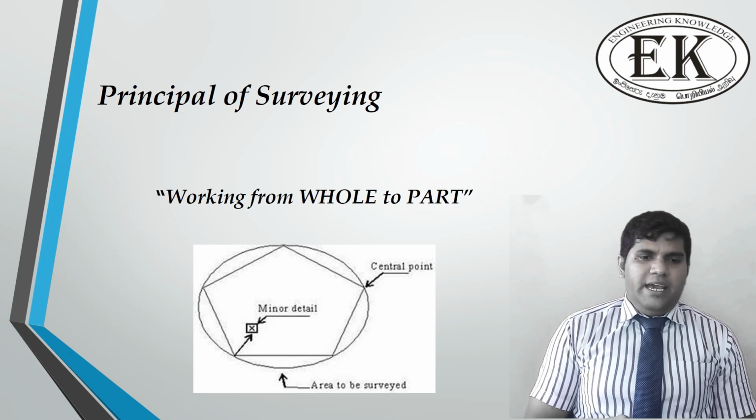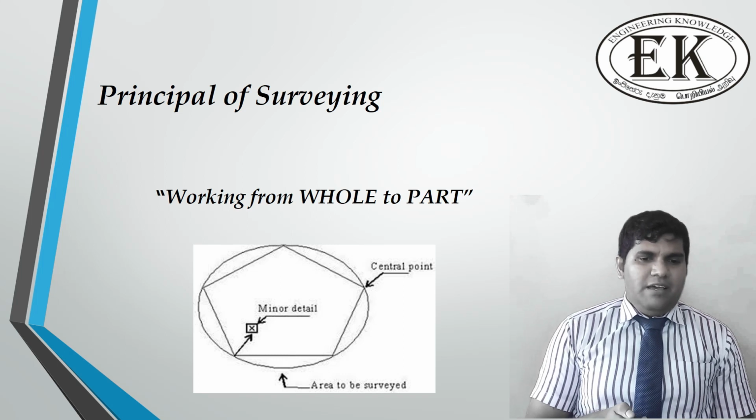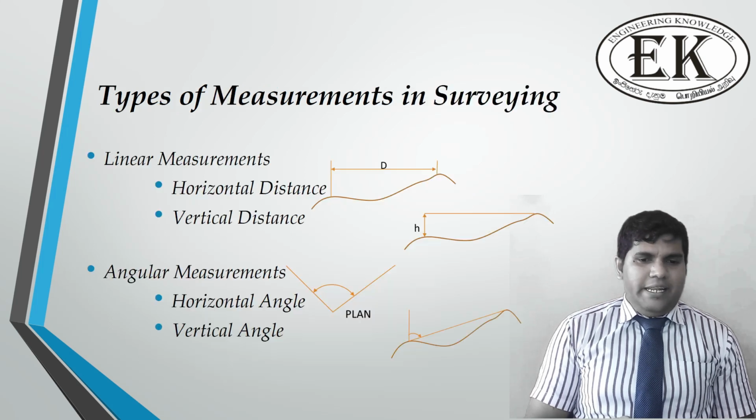Here I have used a picture. You can see we are always working from the whole to a part, because here we consider the earth surface, and within the area there are some minor details, for example your house or your office buildings or any of the infrastructures, but those are taken as a part of the structure in the whole area, right? In the measurements, there are two types.